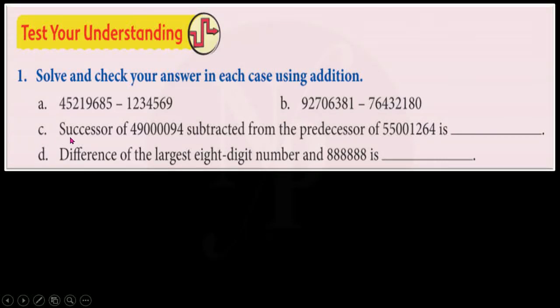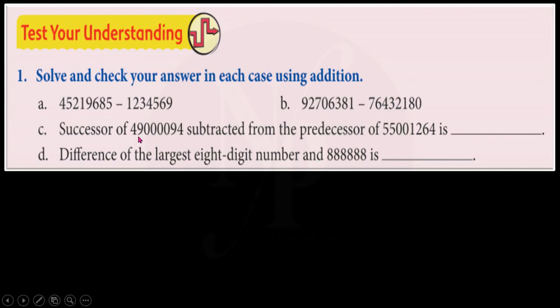Coming to C, successor of 4 crore 90 lakh 94 subtracted from the predecessor of 5 crore 50 lakh 1264 is. Here we have to subtract the successor of this number.